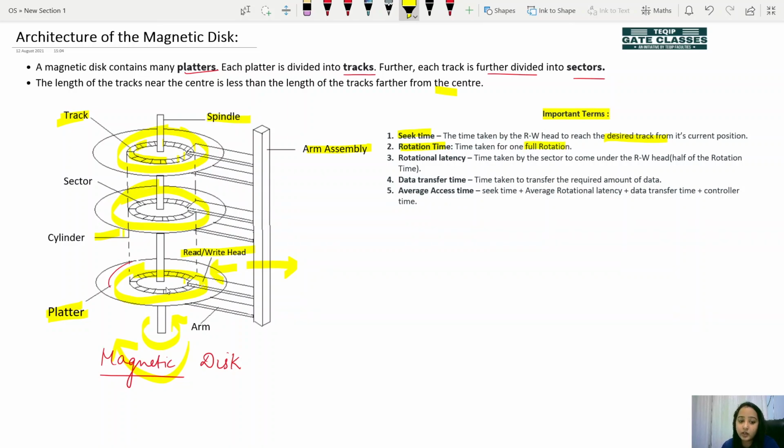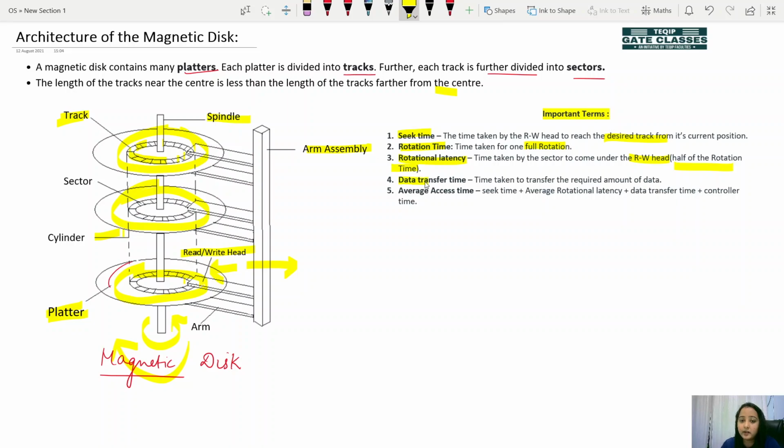And simply half of the rotation time is the rotational delay, or you can call it rotational latency. That is the time taken by the sector to come under the read write head.